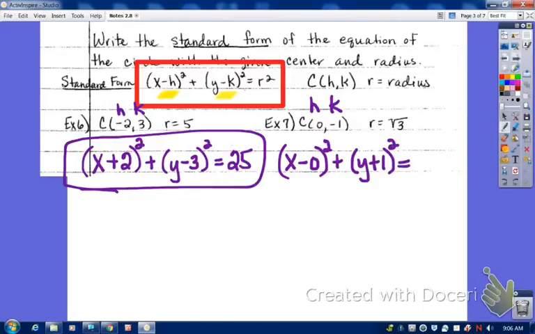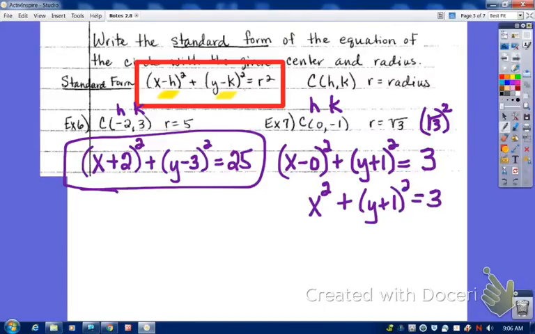And then what happens when you square the square root of 3? It just becomes a 3. So when you square the radius, you just get the number 3. Now, you're probably not going to see (x minus 0) squared, because x minus 0 is really just an x, and so you'll see the answer as x squared plus (y plus 1) squared equals 3.